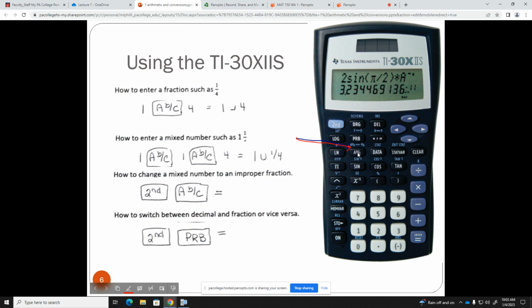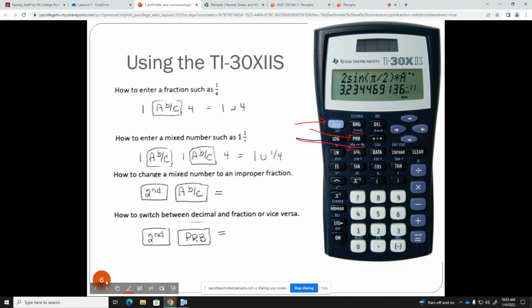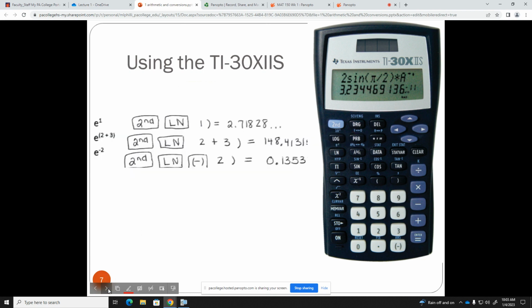Using the A, B, C over key and the second key combination allows you to switch back and forth between mixed number and improper fraction, and you see that in the blue font here. And then using the second and the PRB key, which is here, allows you to switch back and forth between fraction and decimal, and you see that again in the blue font. So again, the video linked in pre-lecture takes you through all of those keystrokes.